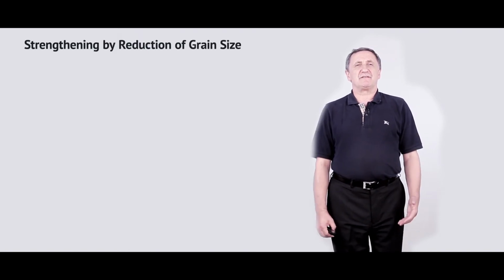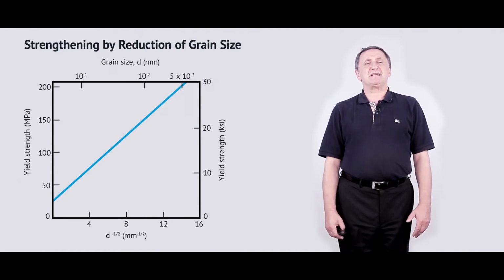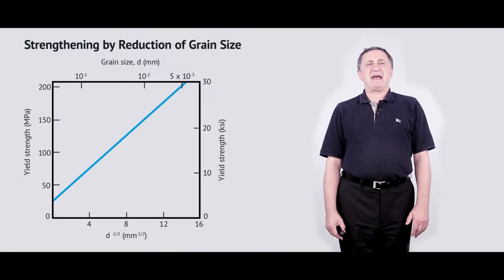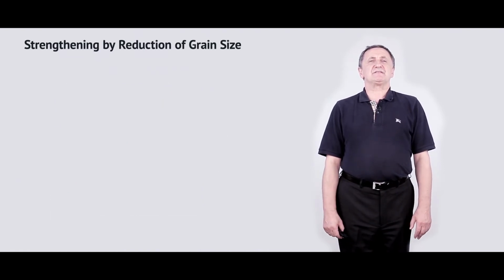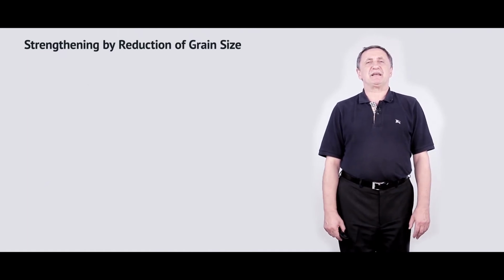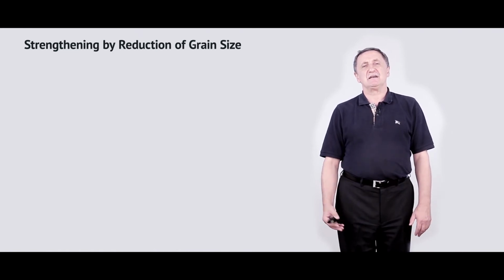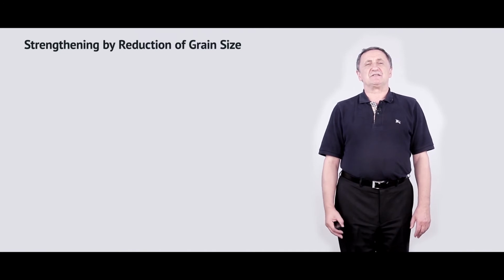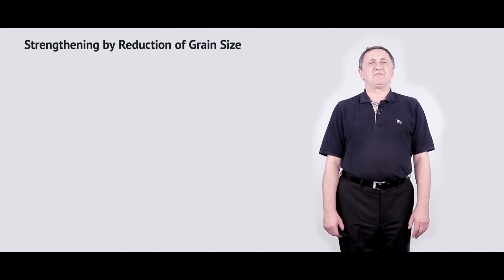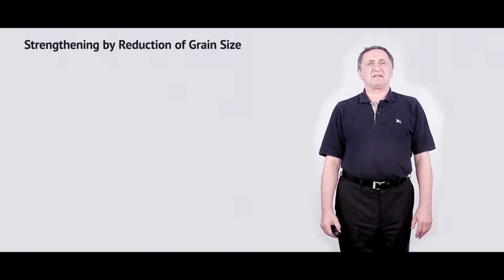So this slide demonstrates how sigma yield, a very important mechanical property of the material, depends on its grain size. This so-called Hall-Petch equation describes the dependence of the yield strength as a function of average grain size, and you can see on the graph that decreasing of grain size leads to an increase of the sigma yield.